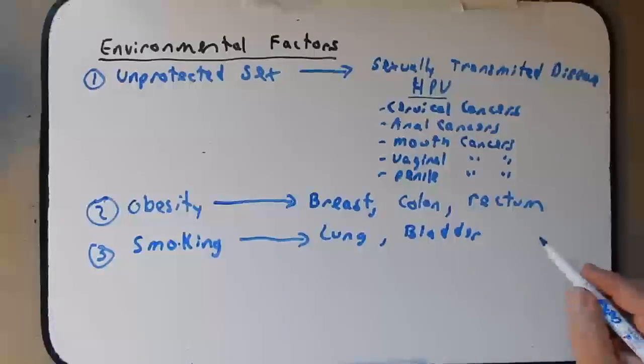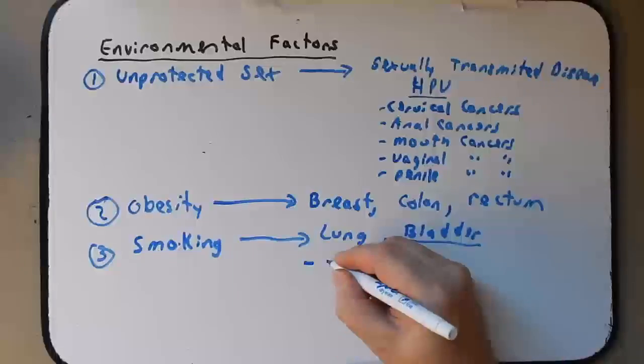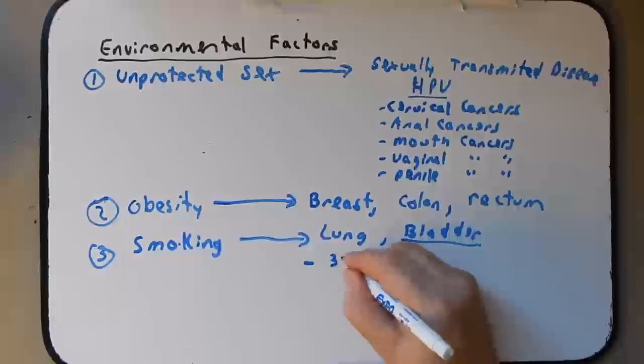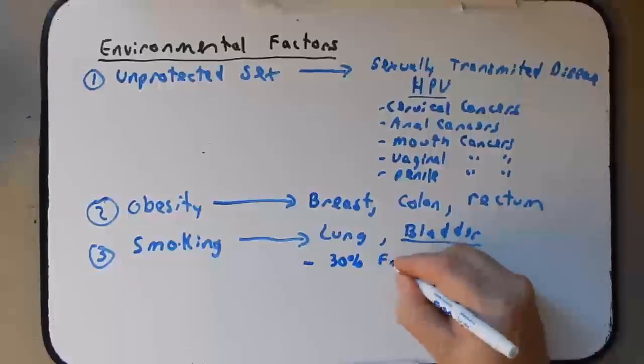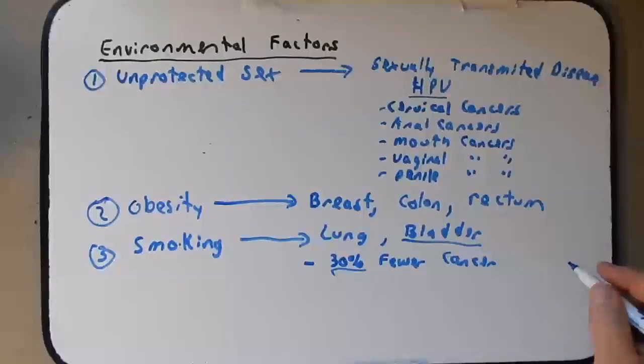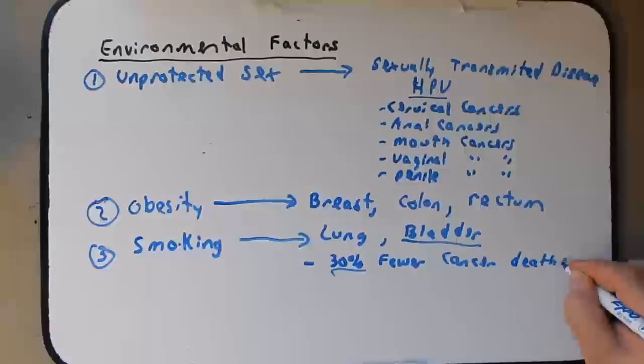In fact, almost all incidences of bladder cancer are linked to smoking. Very rarely does a bladder cancer form in a non-smoker. Epidemiologists have shown that if we eliminated smoking from the population, we would have about 30% fewer cancer deaths. It wouldn't eliminate cancer, but it would eliminate about 30% of cancer deaths. So it's a major, major factor.